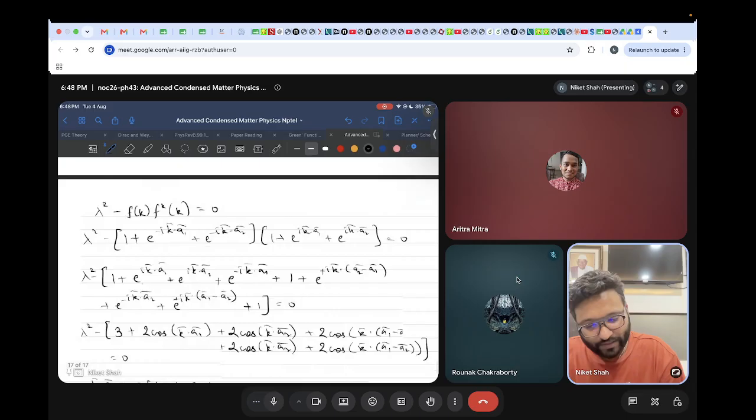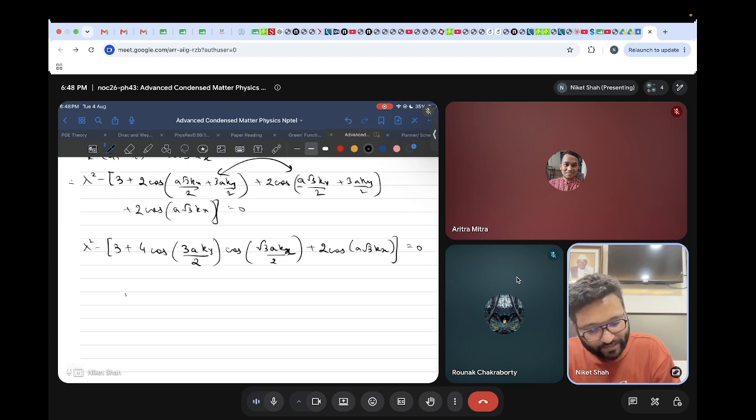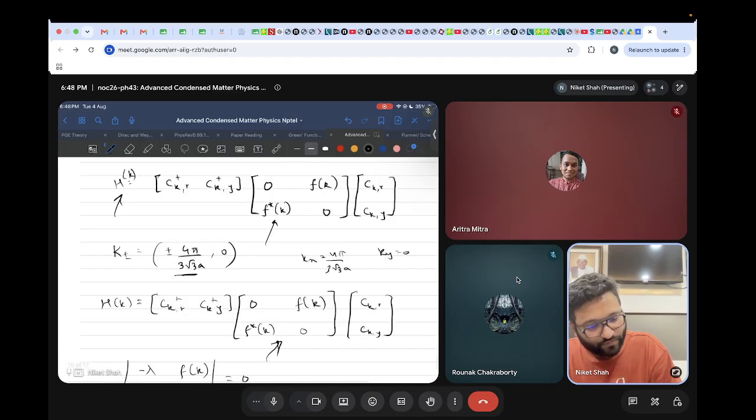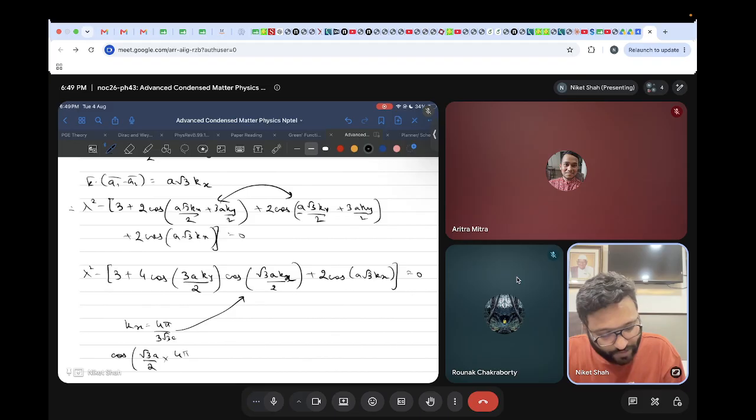So now let's see what this is. Basically kx is equal to 4 pi by 3 root 3 a and ky equals 0. Let's check this. If I put kx equal to 4 pi by 3 root 3 a, here what I get is cos of root 3 a by 2 into 4 pi by 3 root 3 a. So a gets cancelled, root 3 gets cancelled.